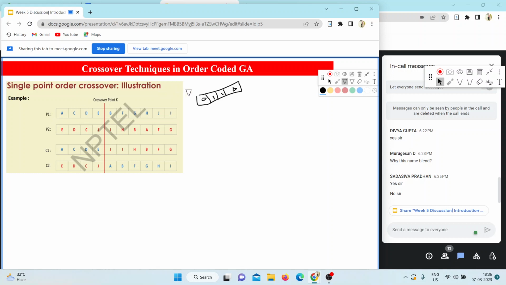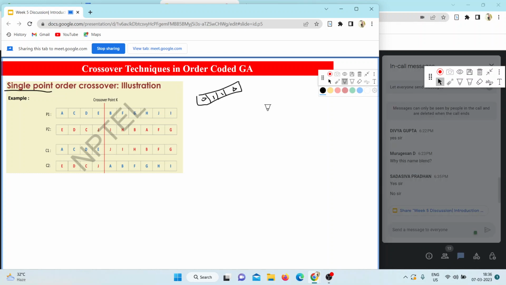So how to do the crossover technique in order GA, we will see. Here also we can solve it by single point crossover. First you have to put an imaginary bar, the same procedure as we did in binary coded GA.